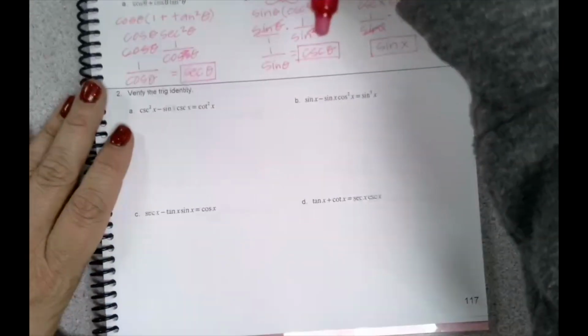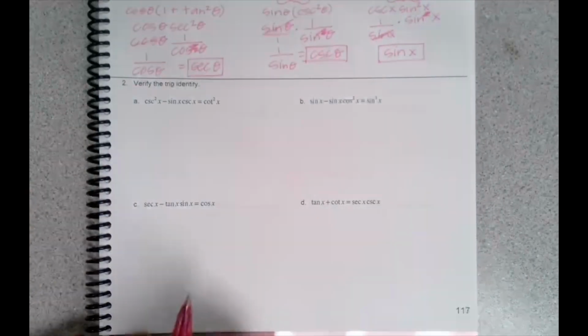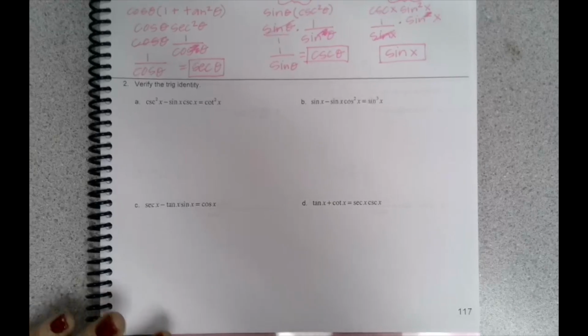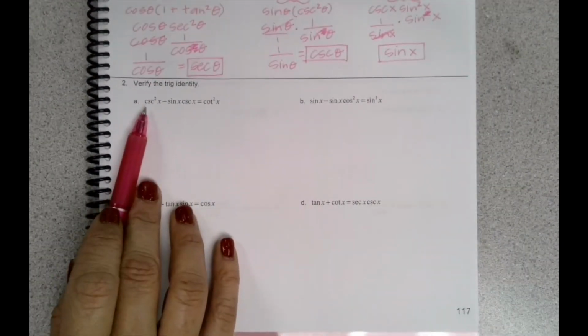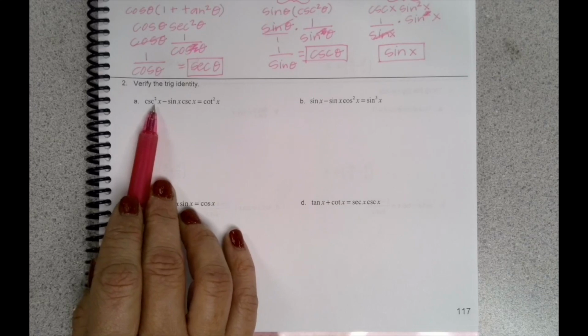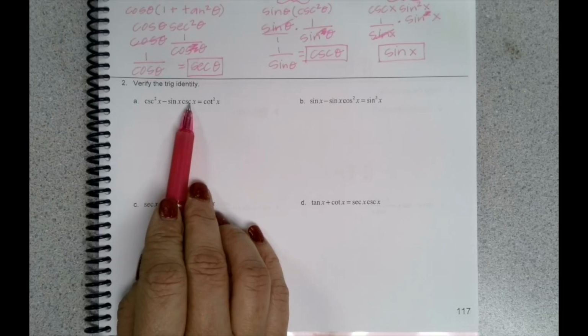Okay, moving right along. If we look at this next one, it says cosecant squared x minus sine of x times cosecant x. When I see this one right here, there's lots of things you can do. I see a cosecant squared x, so if you wanted to, you could change that to 1 over sine squared x. I also see a sine x and cosecant x, so we can do some work there too.